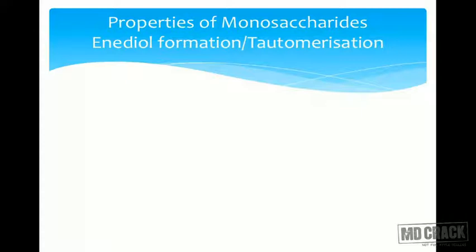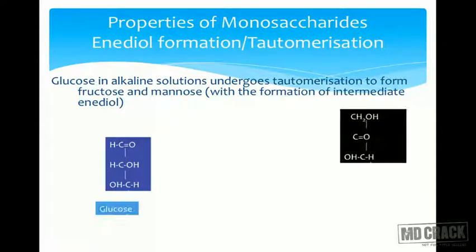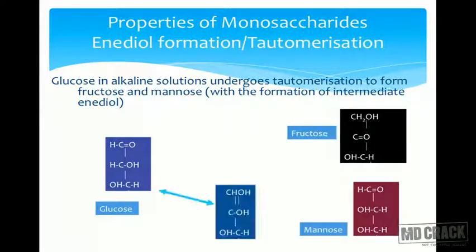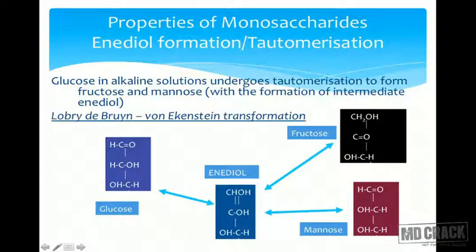I have got something here which tells you glucose, always in alkaline solution, undergoes tautomerization to form fructose and mannose with the formation of an intermediate enediol. So I'll just show you how it happens. Fructose, glucose, mannose, all three of them are interconvertible. So glucose can be converted to fructose, glucose can be converted to mannose, and vice versa, with the formation of an intermediate enediol. What is this enediol? It has a double bond with two hydroxyl groups around the carbon. We need not go into the chemistry of it.